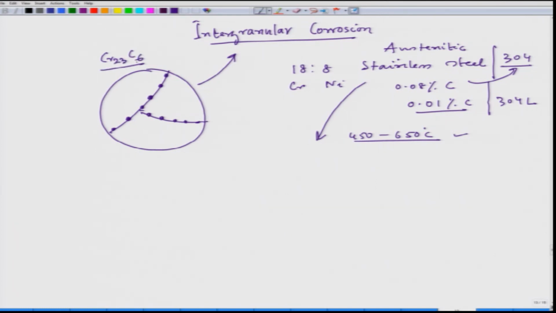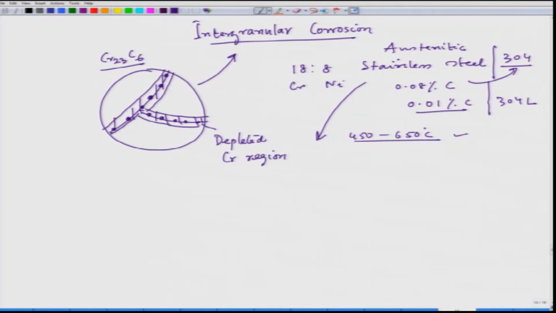This carbide nucleates on the grain boundaries in this steel, and when it nucleates, of course, the surrounding regions will be depleted of chromium. So, this is the depleted chromium region.